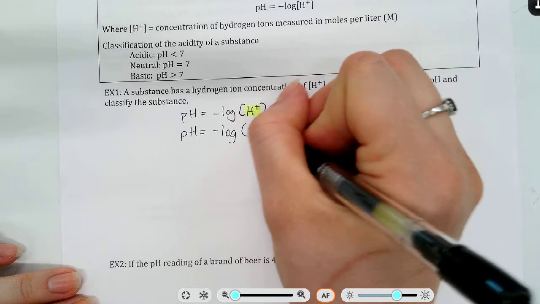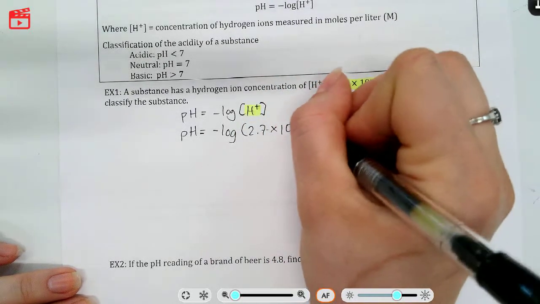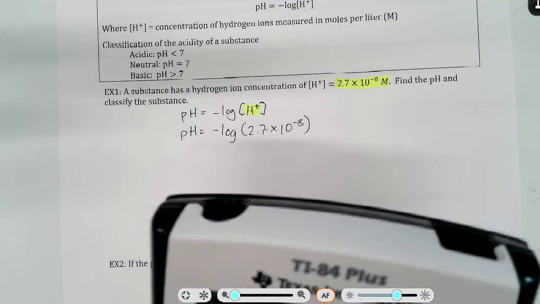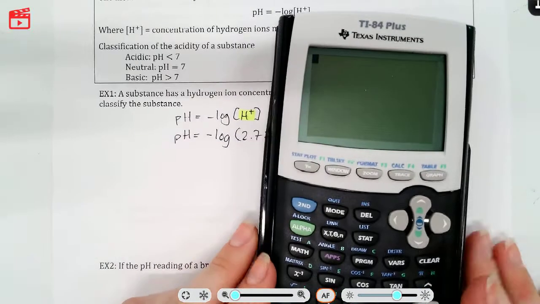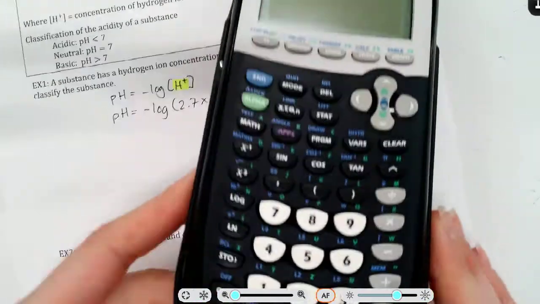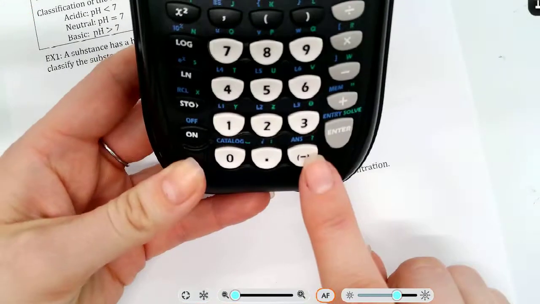It's 2.7 times 10 to the negative 8. We're going to plop this into our calculator. Remember we want the negative key, not the minus.